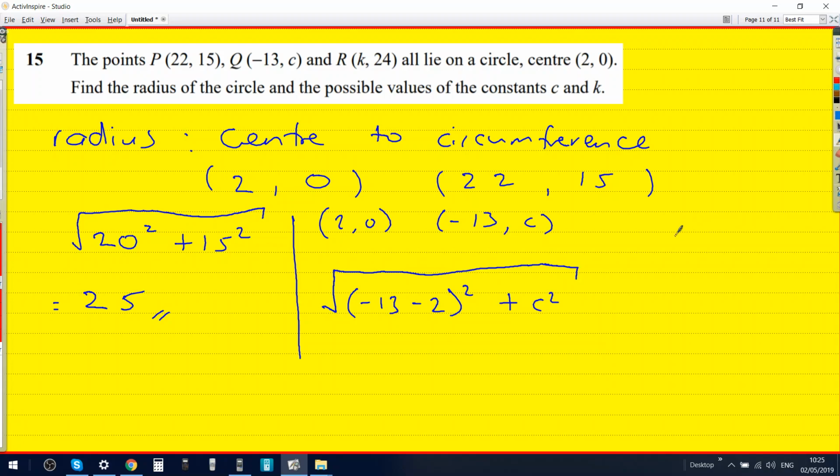Any idea what you do next? Do you expand the minus 13 minus 2 bracket? Yeah. So I think it's 225 minus 15 squared.